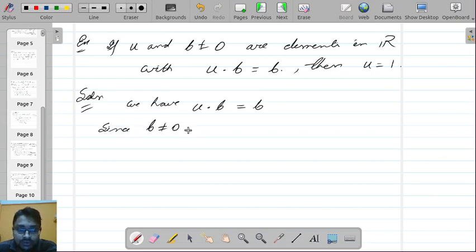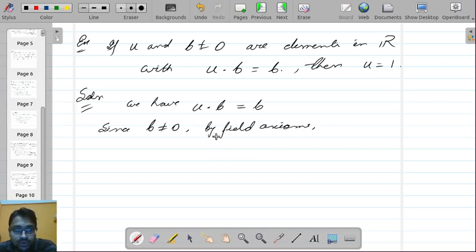So by field axioms, there is an axiom called existence of multiplicative inverse: every non-zero element in R has a multiplicative inverse.